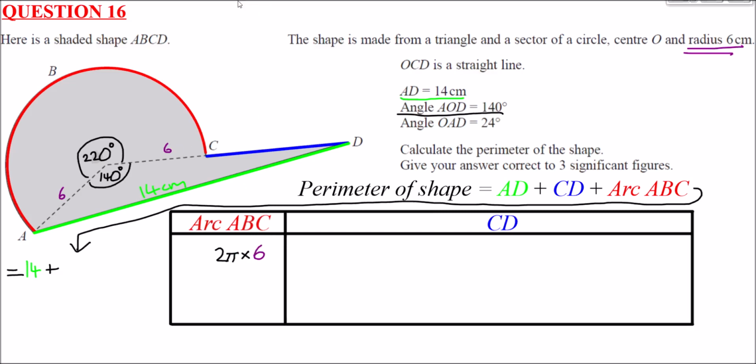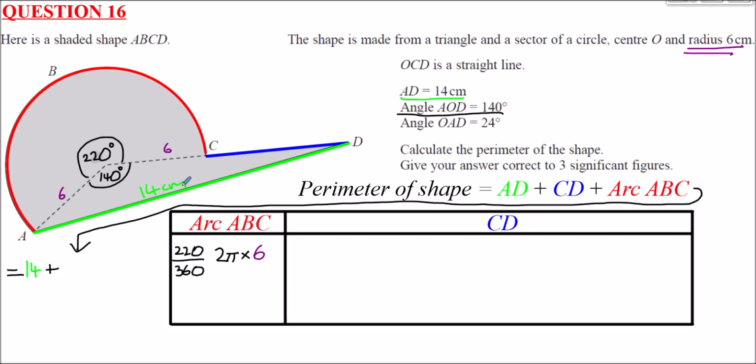Of course, though, this isn't the full circumference. It's just a fraction of it. A full 360 degrees would be a complete circumference. So we need to think about what fraction of a circle we have along this red curve. Well, the fraction is given by this angle here. It's not a full 360. It's only 220 out of the full 360.